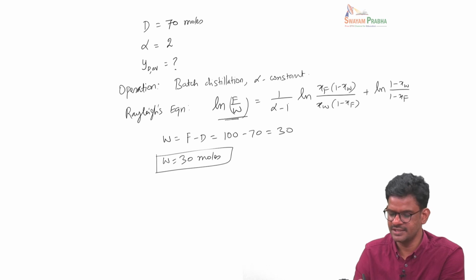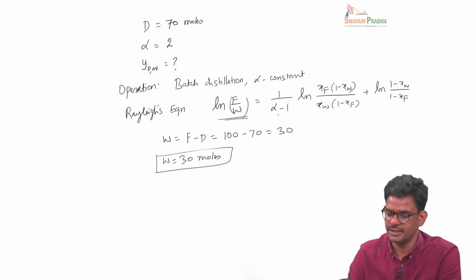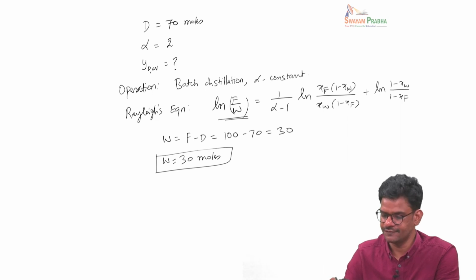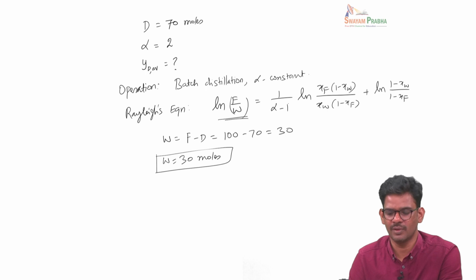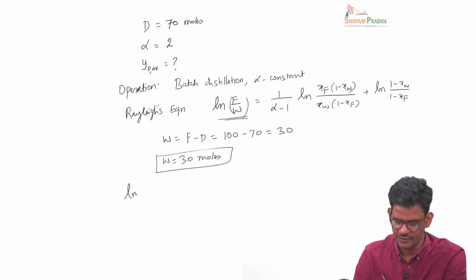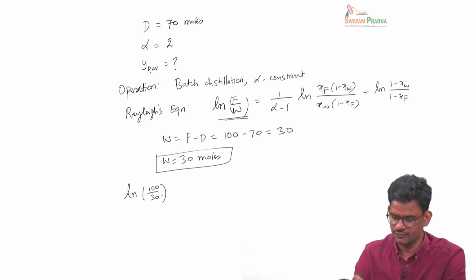So, the left hand side is knowable, and on the right hand side alpha is known, XF is known, but we do not know XW. So that is one unknown in this problem. Let us write down all the things that we know. We say ln of 100 by 30 for F by W, and alpha is 2.